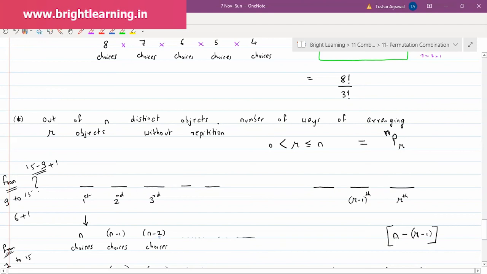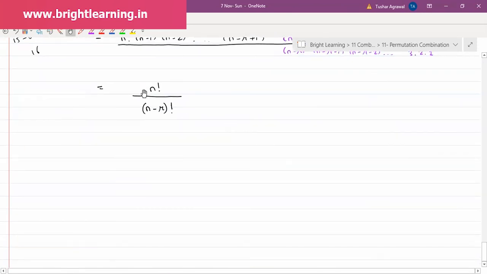This is the meaning of permutations, P for permutations. It is read as nPr only. So out of the superscript number of objects, the subscript number of objects are taken without repetition, and the total number of permutations, this symbol, the answer was found to be equal to n factorial upon n minus r factorial. Got it?